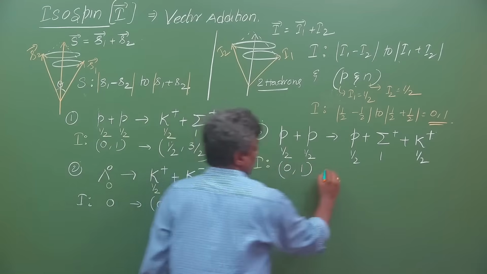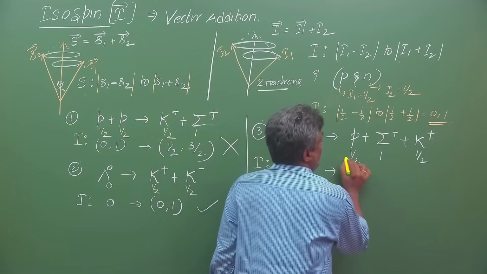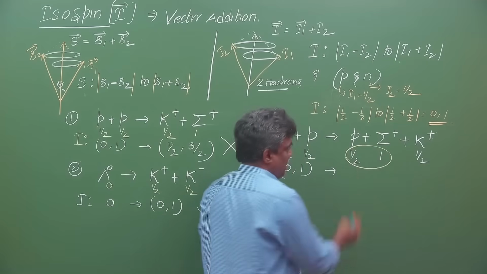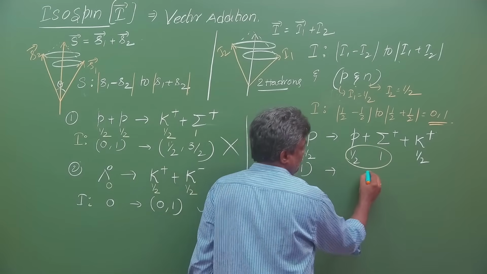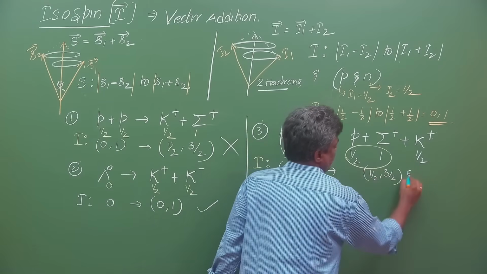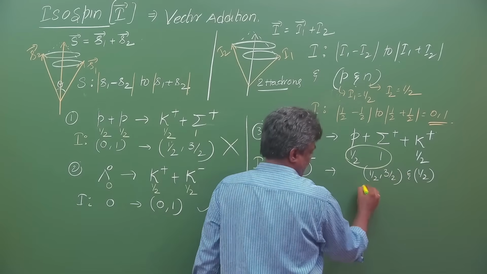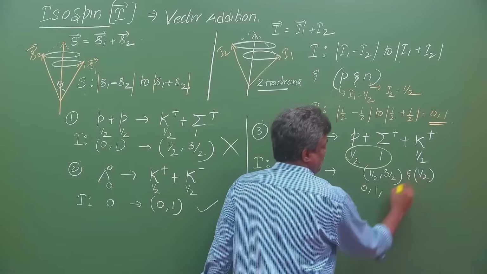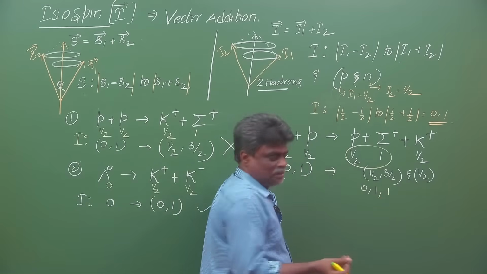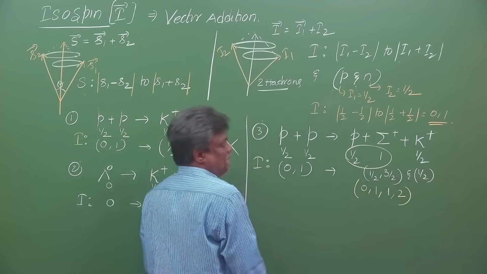Sum. Wait. Whenever 3 are there, you can't add 3 at a time. First add any 2. Any 2 you can add. Subtract. 1/2. Sum. Ready? Next. Difference. Sum. Difference. 3/2 minus 1/2. Sum. Any common?